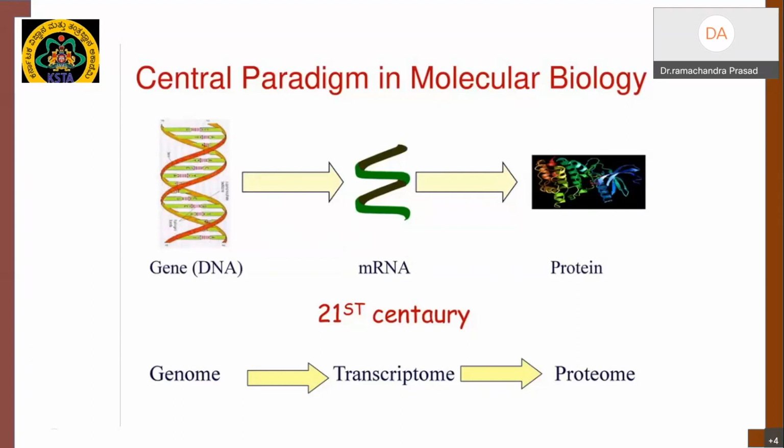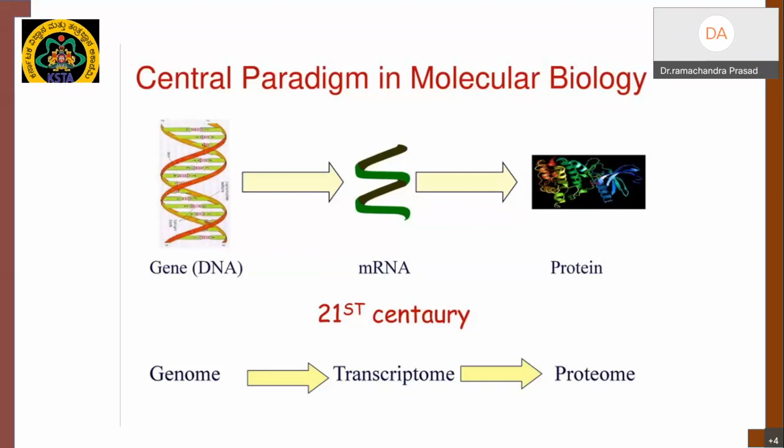Then the transcriptome: whatever genes express at a particular point of time forms the transcriptome, like the entire mRNA profile. Then comes the proteome. Proteome means the entire set of proteins which are expressed or formed at a given point of time or in the disease state.